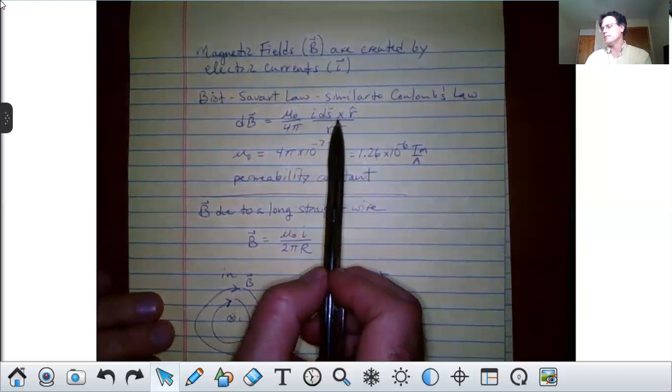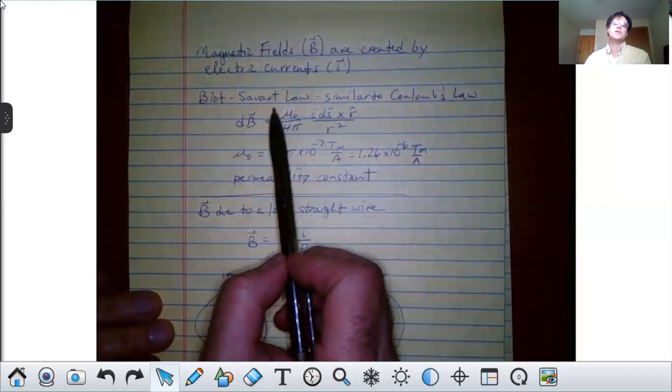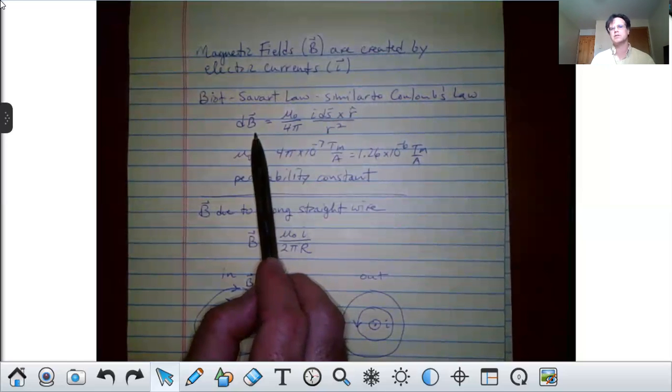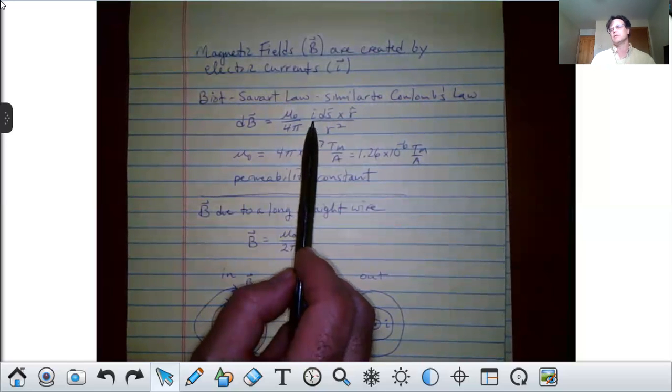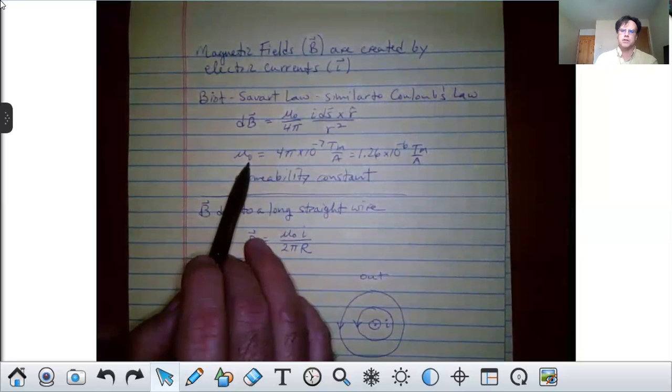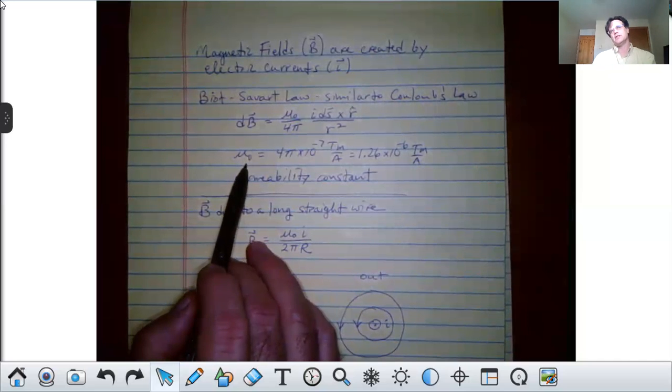But just be aware that there is a fundamental starting place, a fundamental law that you can calculate all magnetic fields from these, sometimes we call them filamentary currents. They're in a wire. One thing that does happen, you get a new constant, mu zero. It's kind of similar to the epsilon zero for the electric field.